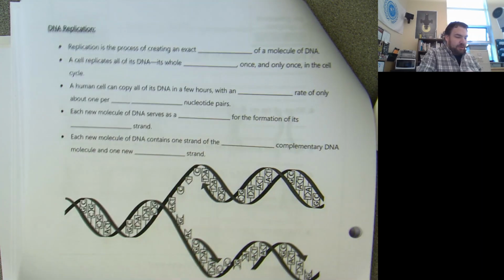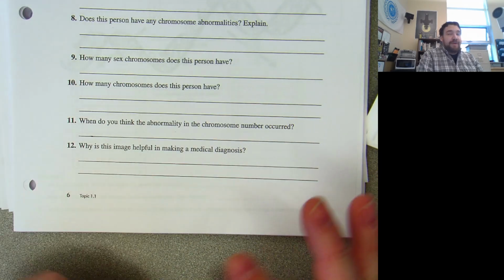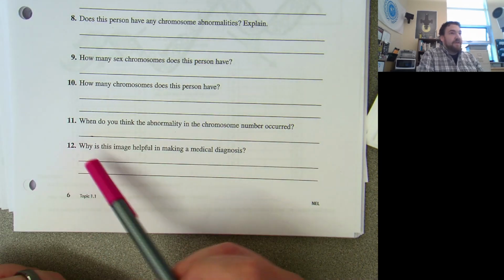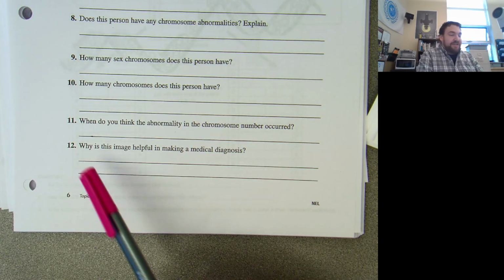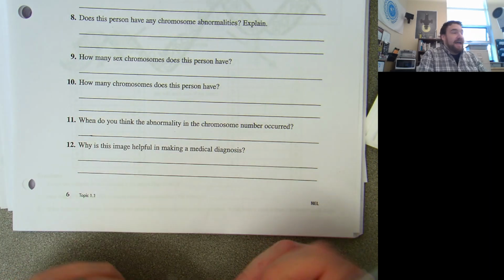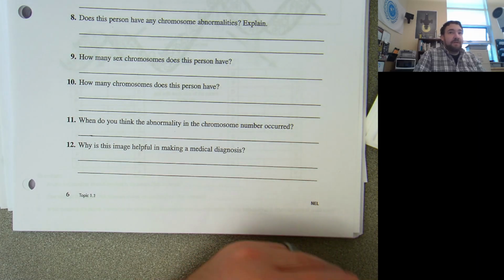Don't do that, but I want you to do everything up to the bottom of this page here, page 12, or question number 12 here. From the beginning of that DNA structure down to this page here, that is the rest of this class.